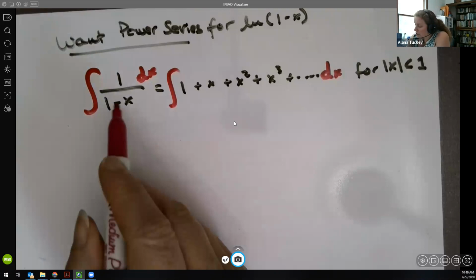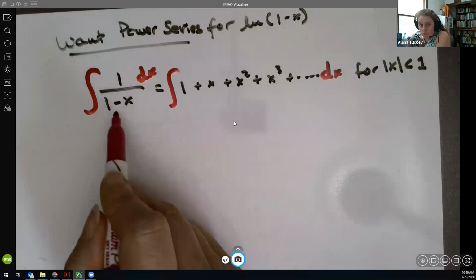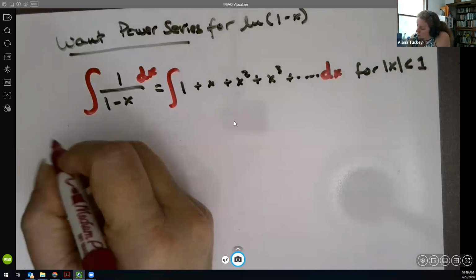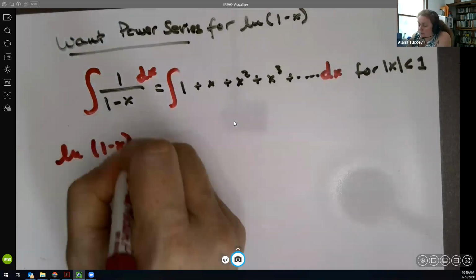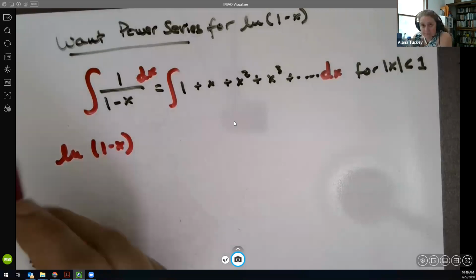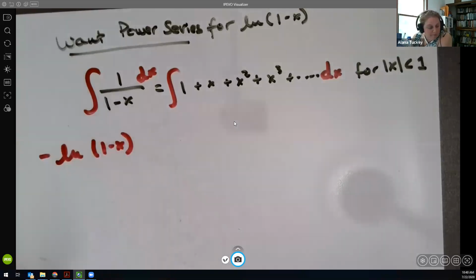The integral of 1 over 1 minus x is the natural log of 1 minus x, but you have to compensate for the minus in front of the x, so it would actually be a negative.